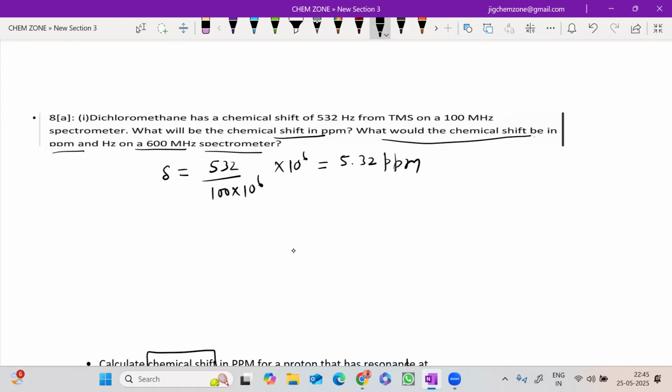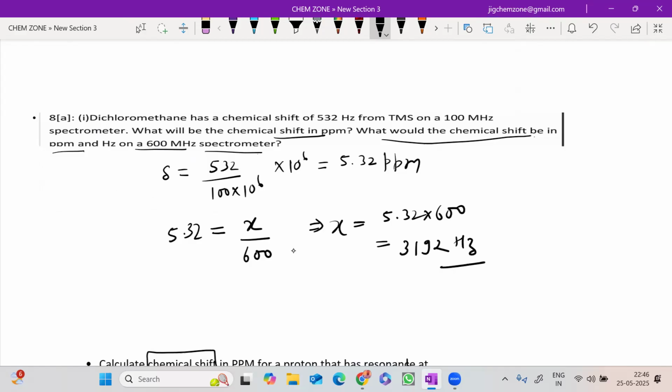Next part, what would be the chemical shift in ppm and hertz on a 600 megahertz spectrometer? Okay. Suppose the shift is X, operating frequency is 600, then X is equal to 5.32 into 600, hertz.